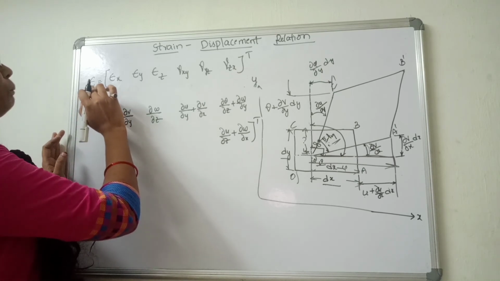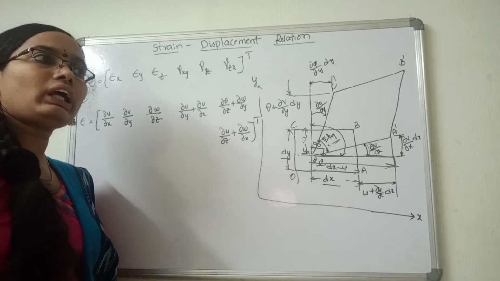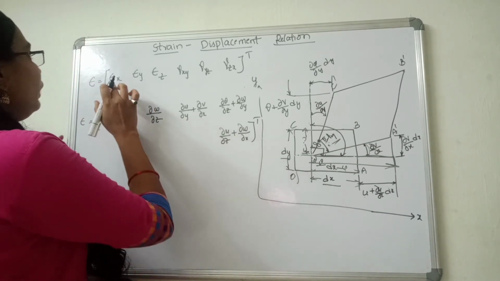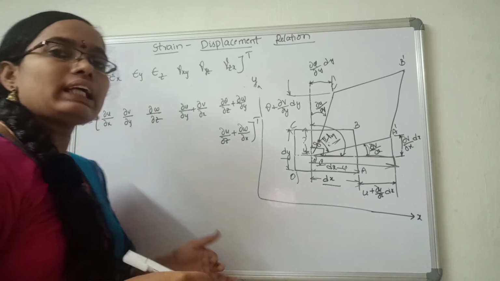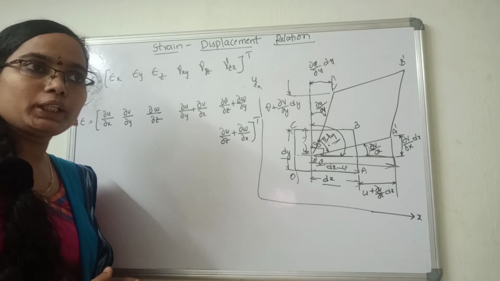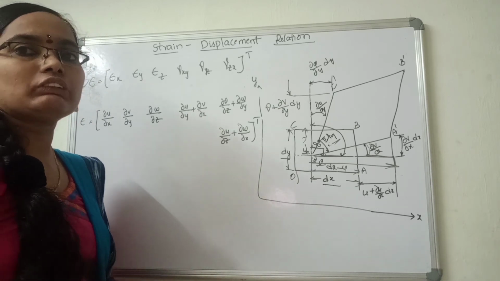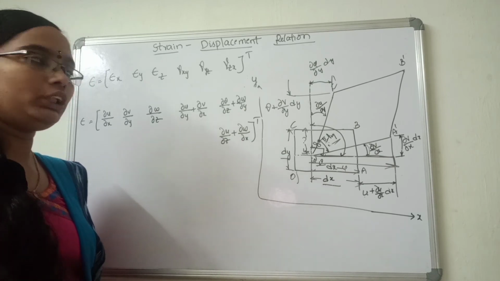So if it is three-dimensional, we consider along x direction, y direction, and z direction strains. Whenever the load is acting on the three-dimensional body, along x direction deformation is u, along y direction deformation is v, along z direction the deformation is w.